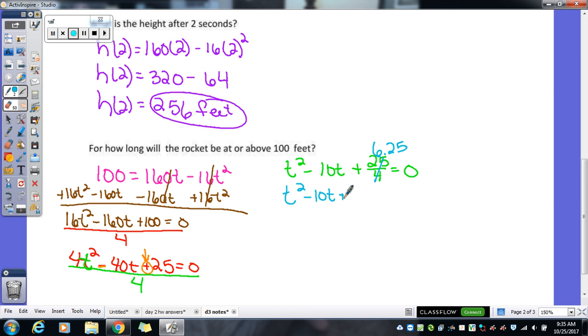So I'm going to subtract my 6.25 over and put my space in there for completing the square. So half of 10 and then squared gives us what? 25. So I have t minus 5 squared when I factor that left side equals, if my memory is correct, it would be 18.75.